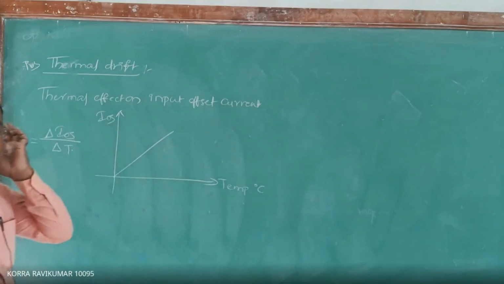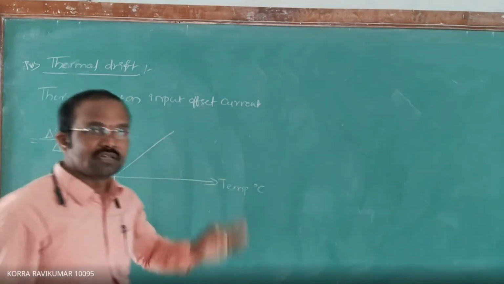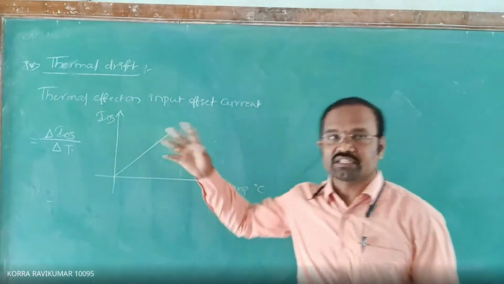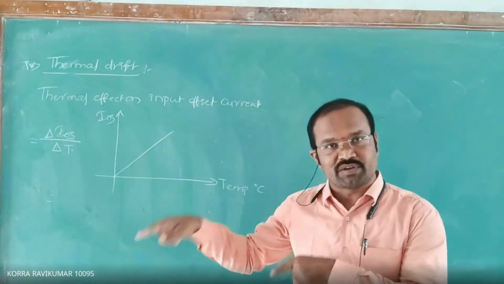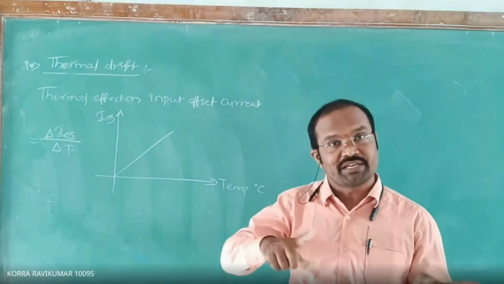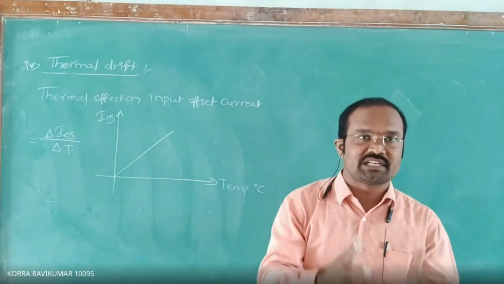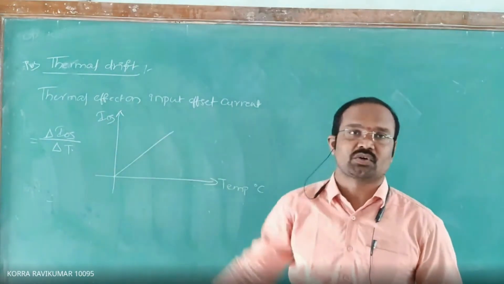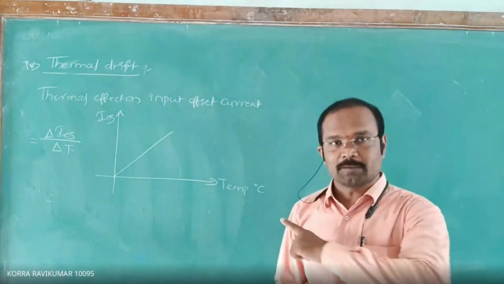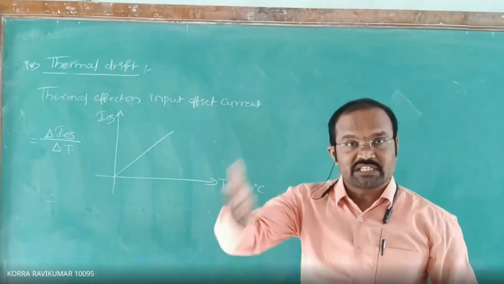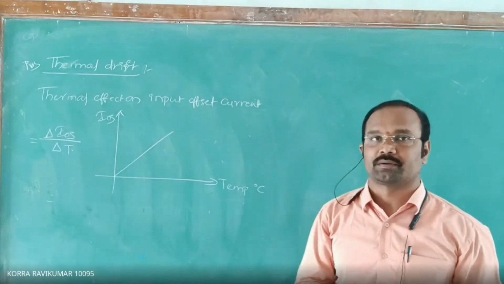The more the temperature increases, the more the current increases. If temperature increases 10 times, then this current also increases 10 times. If temperature increases 20 times, current also increases 20 times. If temperature increases 50 times, current also increases 50 times. So there is a linear variation in input offset current with respect to the temperature.